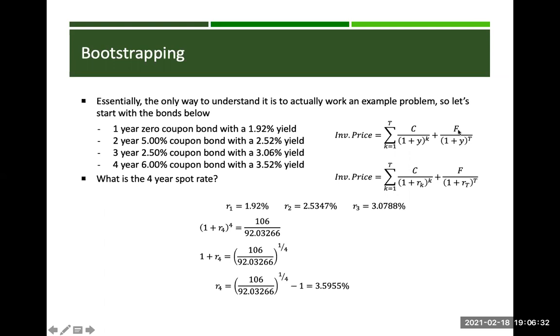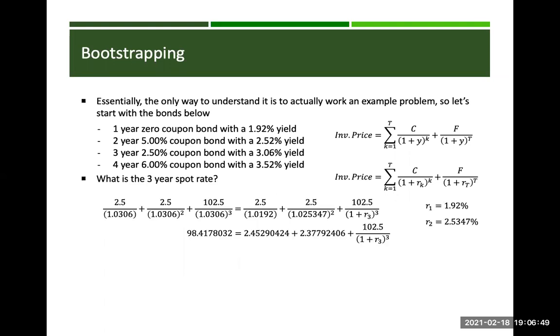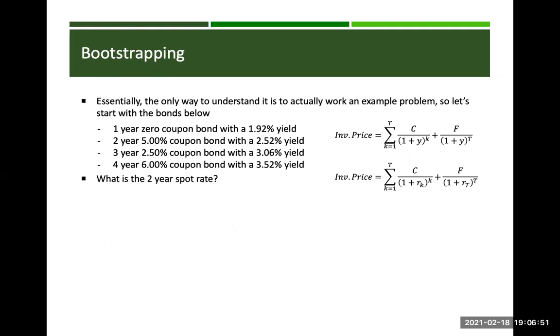Okay, maybe. So if spot rates have 0 coupons, then why do we use the C over 1 plus R_k to the k term in the right side? Ah, yes. The spot rates are telling us the single cash flows. Let me go back up.